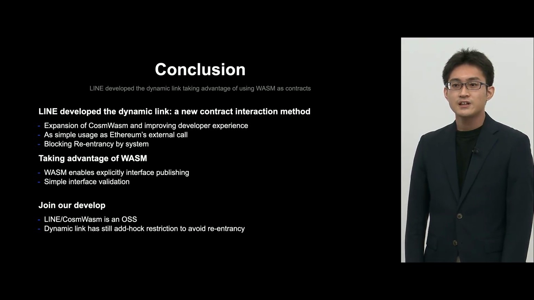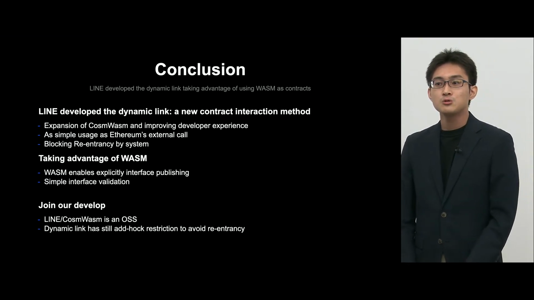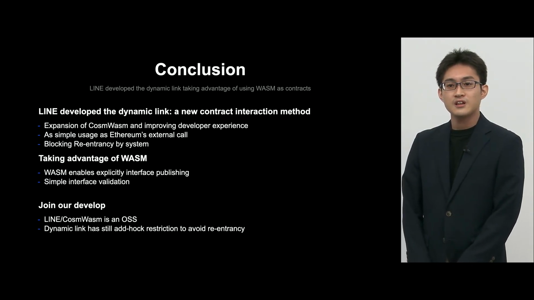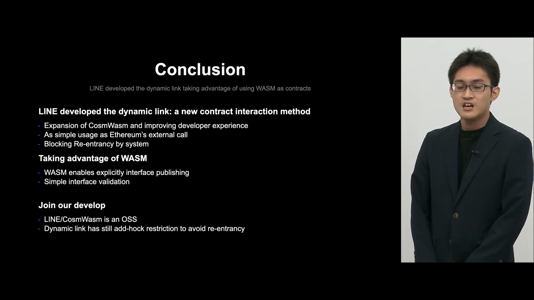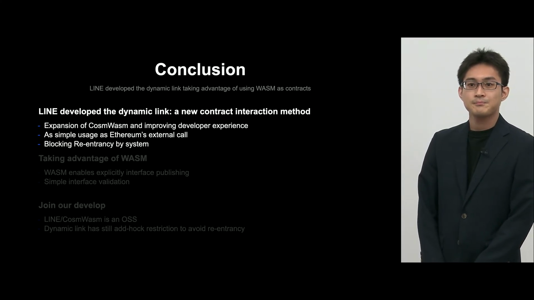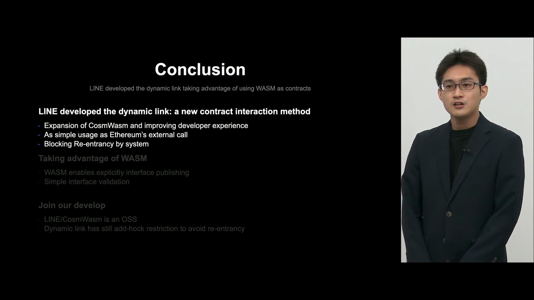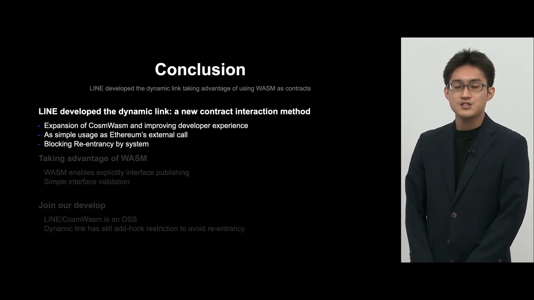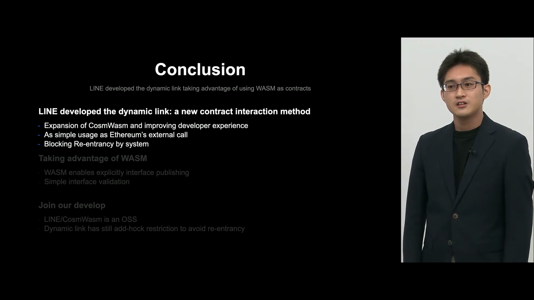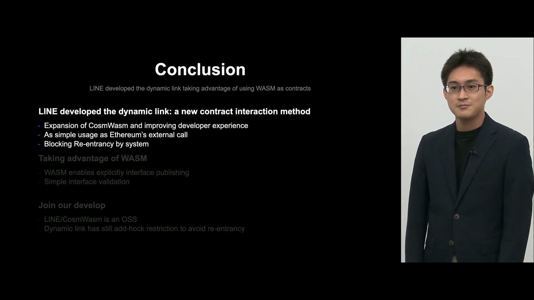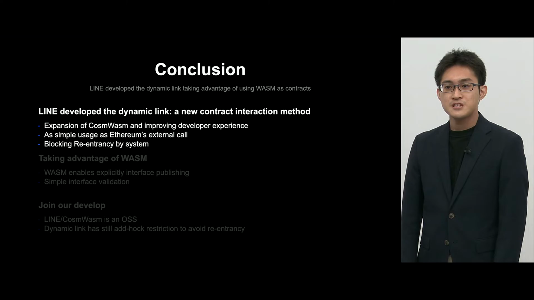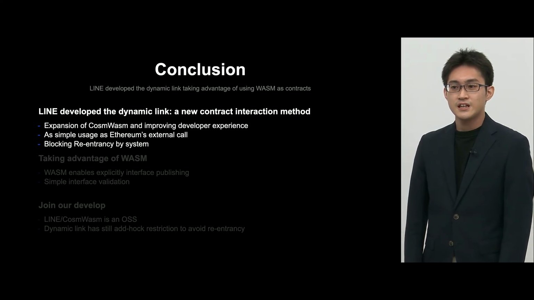So in summary, I talked about the dynamic link, which is the smart contract interaction method. The function for smart contract interaction was explained. We implemented the dynamic link as an extension of CosmWasm and maintain the good development experience of the external call of Ethereum.